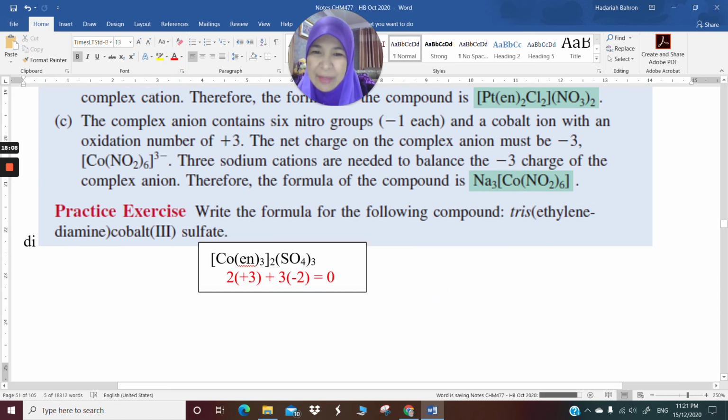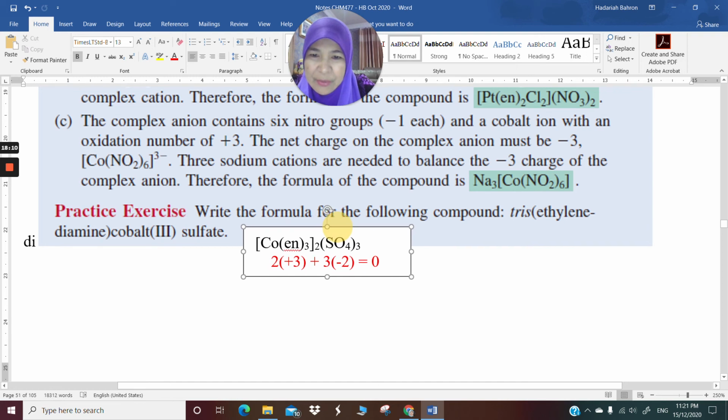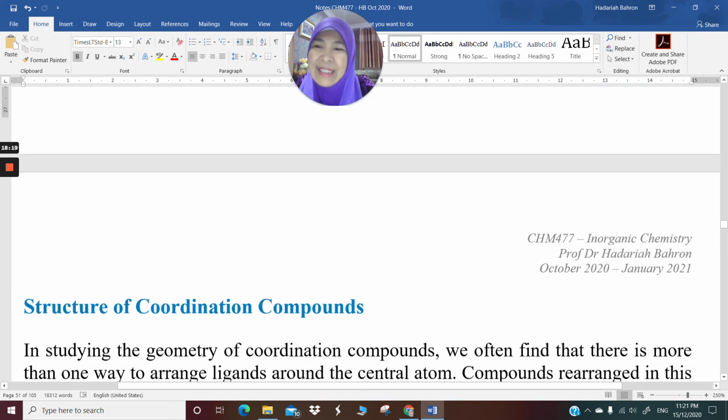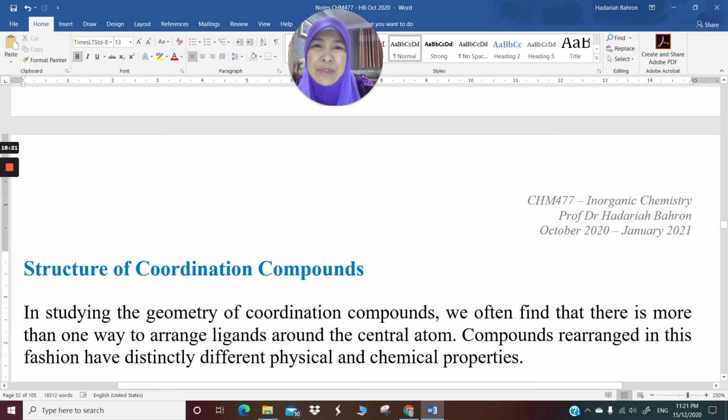Okay, so that's about naming. So I hope you are going to be able to name any compound that is thrown at you. Practice exercise, look at past year's papers, go through different textbooks, and you're going to get better as you practice more. Now let's go into structure of coordination compounds.